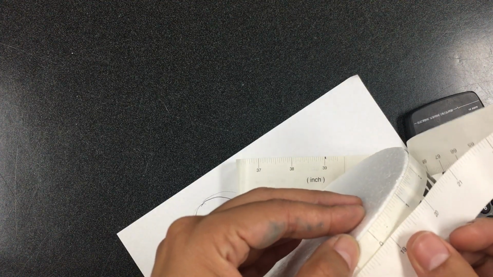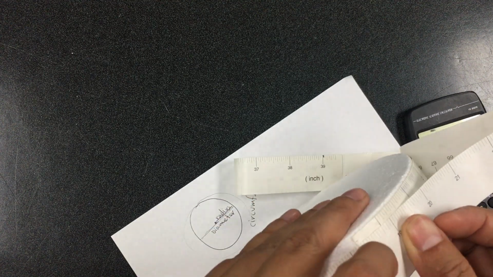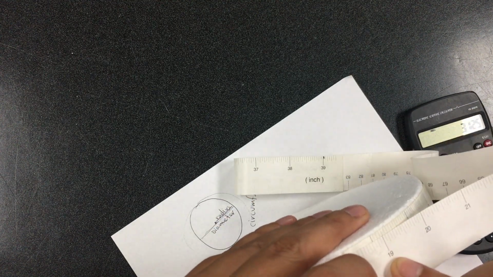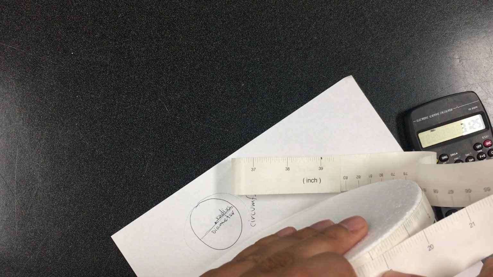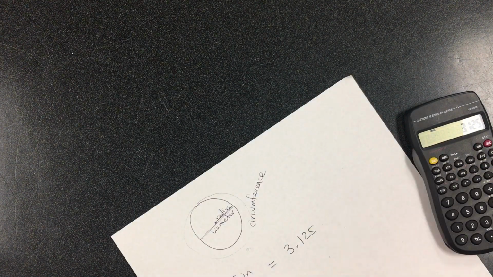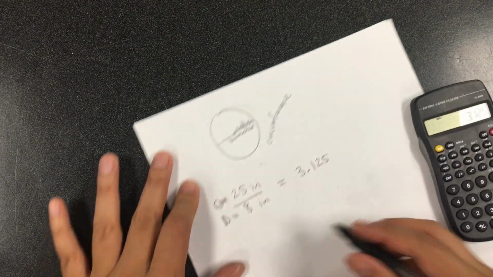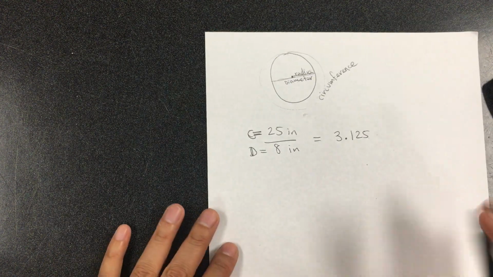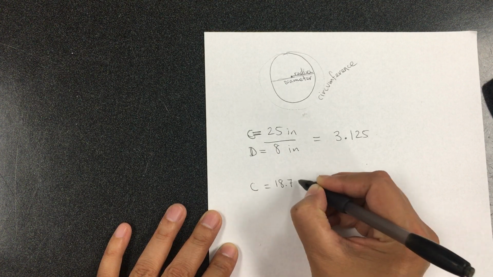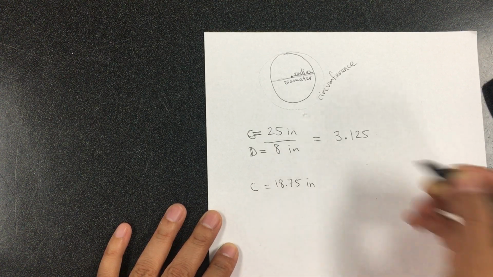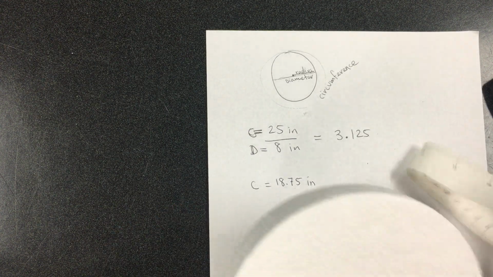Right there is the 0. It's a little less than 19, so I would say maybe 18.75. So the second circle's circumference is about 18.75 inches.